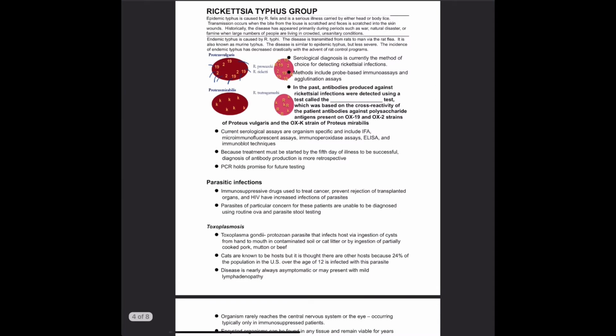Moving down to here. In the past, antibodies produced against rickettsial infections were detected using a test called the Weil-Felix test.